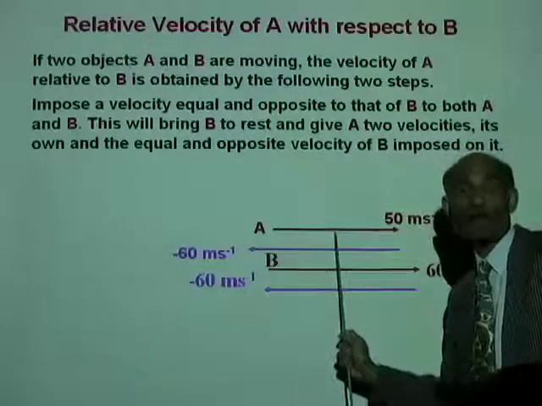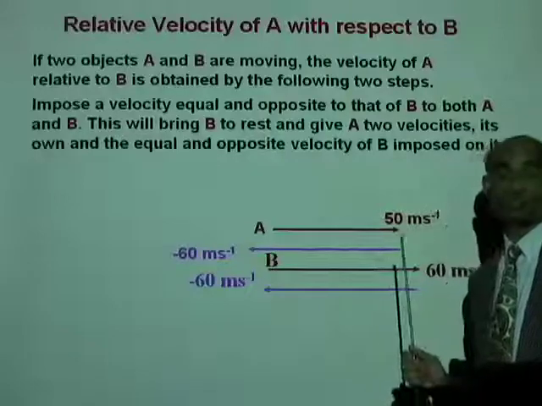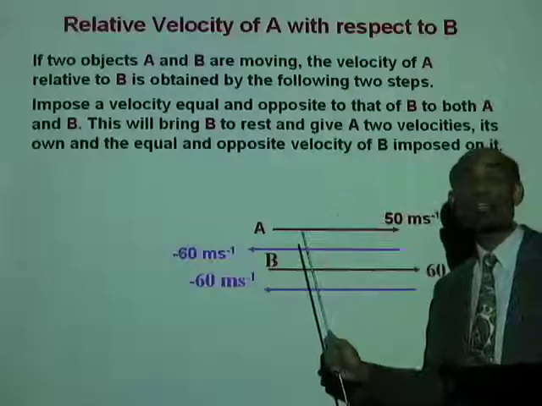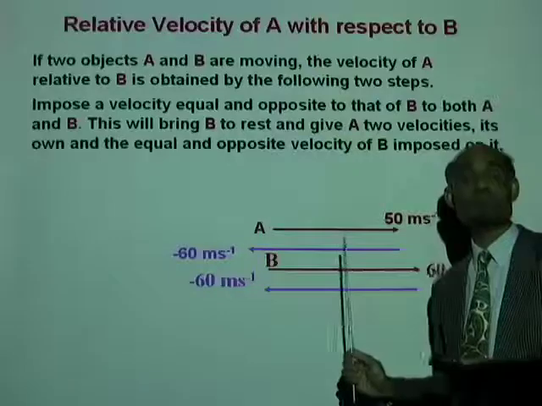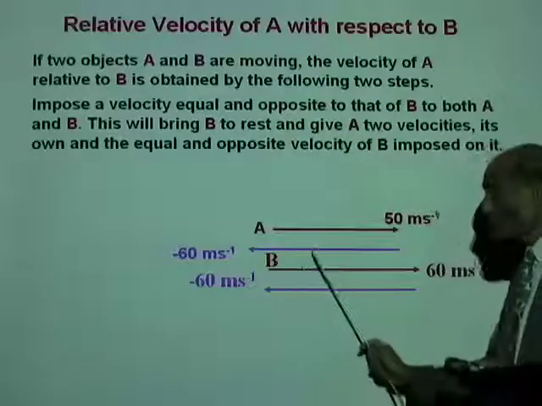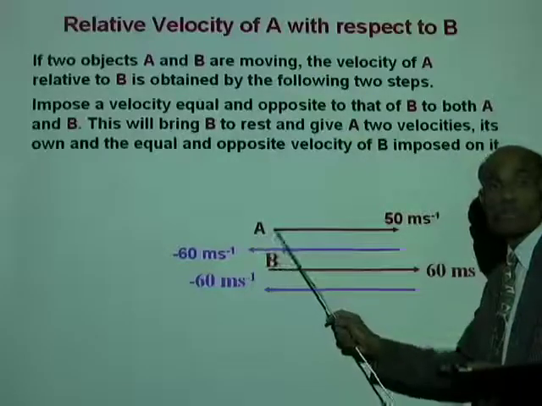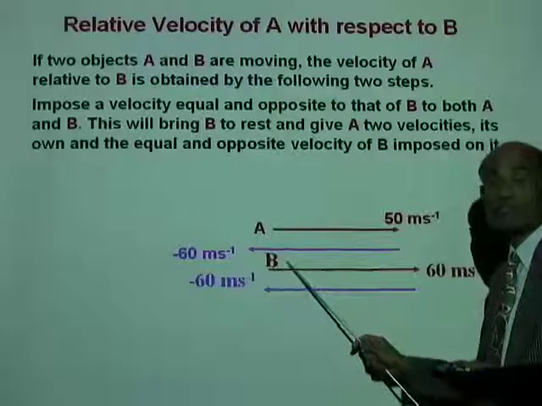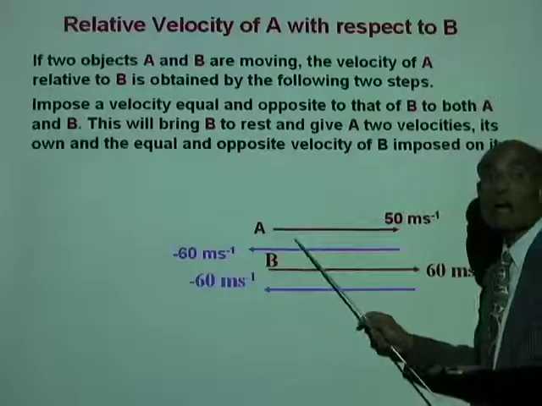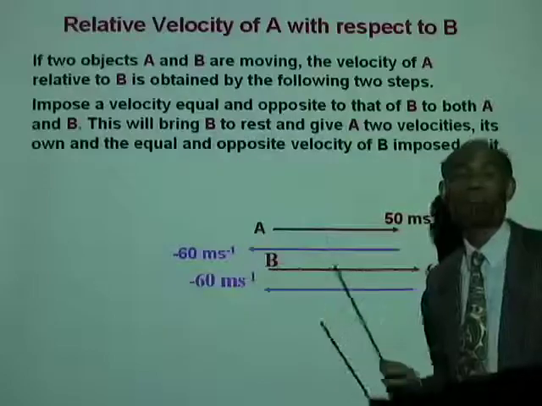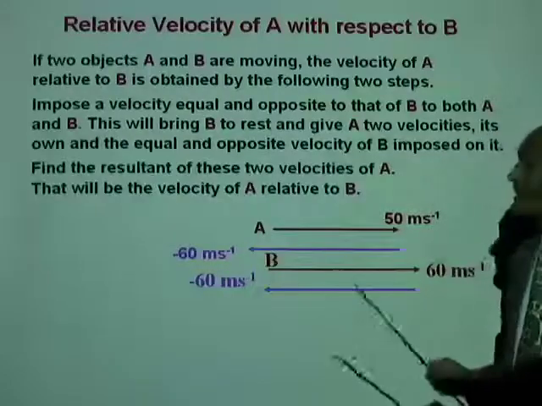Now what is the resultant of these two? It will be negative 10 meters per second i. So when you measure the velocity of A from the reference frame of B, A will appear to go back at 10 meters per second. That's the meaning there.